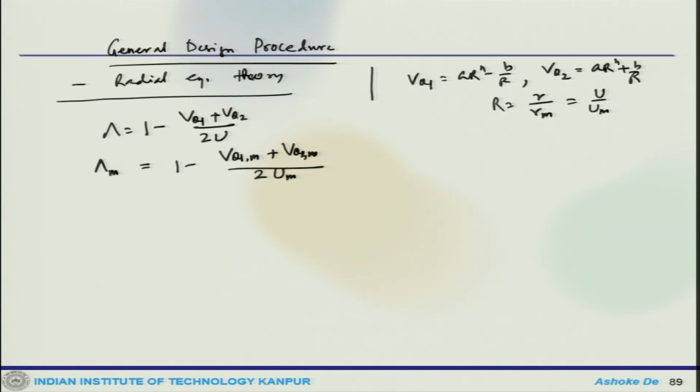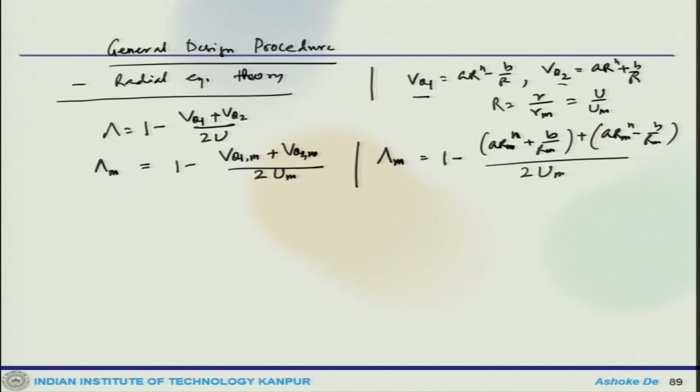Now, substitute the values of the whirl velocities, these tangential velocity components. So, what we get is psi m equals 1 minus A r m to the power n plus B by r m plus A r m to the power n minus B by r m, divided by 2U m. So, r m is 1, then this would be 1 minus A by U m, and A is U m times 1 minus psi m.